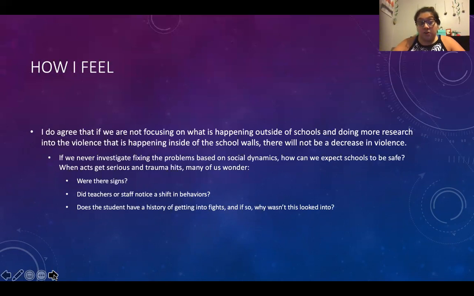So I agree that if we're not focusing on what is happening outside of schools and doing some more research into the violence that's happening in the schools, there just won't be a decrease in violence. If we don't investigate fixing those problems based on social dynamics, how do we expect schools to be safe? When acts of serious trauma hit a school setting, a lot of us are wondering, were there signs?